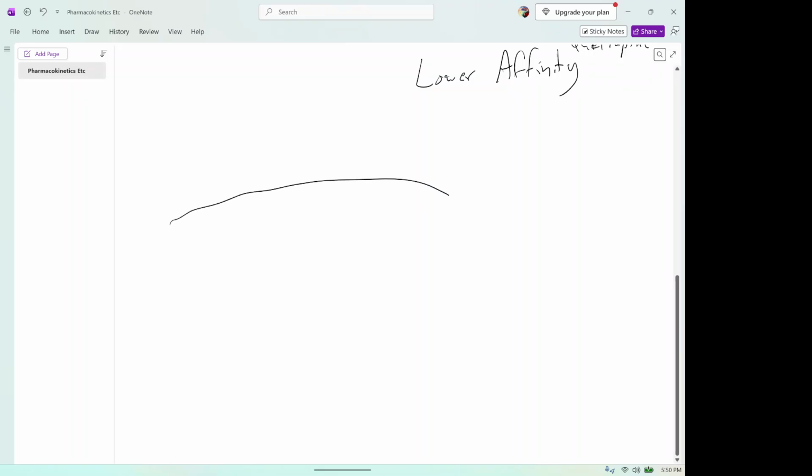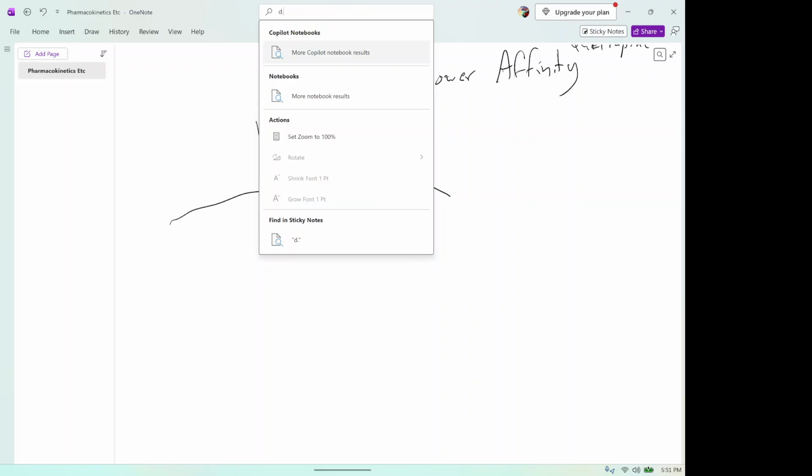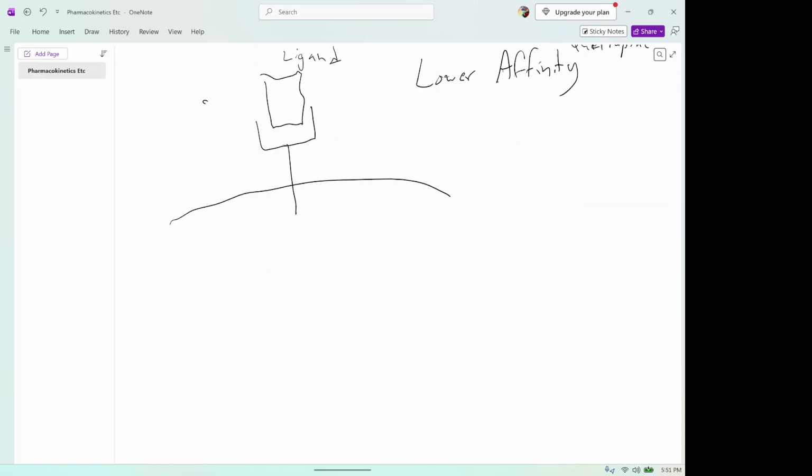So if we want to review receptors real quick, this is a standard lock and key model where this would be the ligand. This would be the receptor. This whole thing is a receptor, and this would be the binding region.